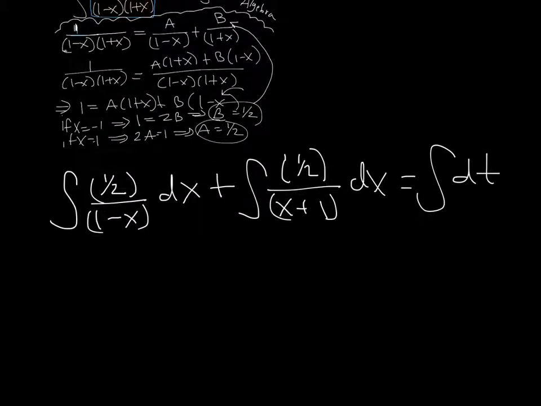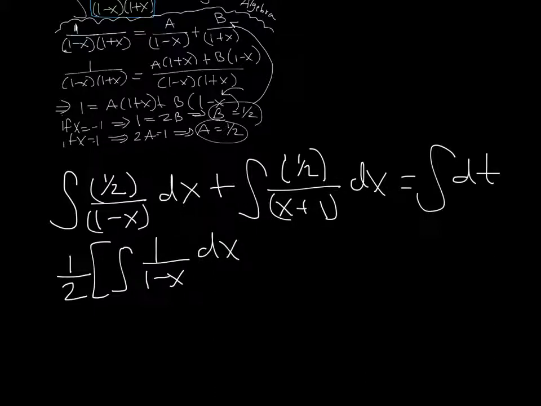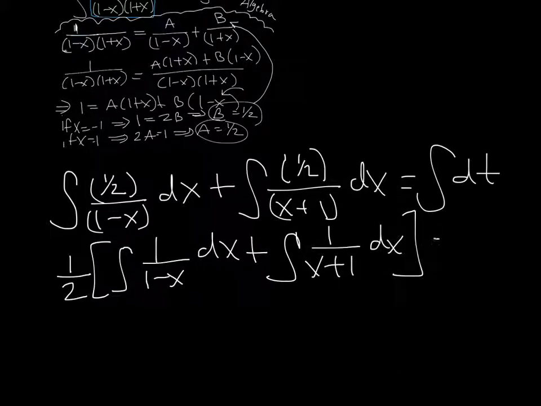The half is just a nice constant, so technically we can factor that out. If we take that out, we get the integral of 1 over 1 minus x dx plus the integral of 1 over x plus 1 dx.